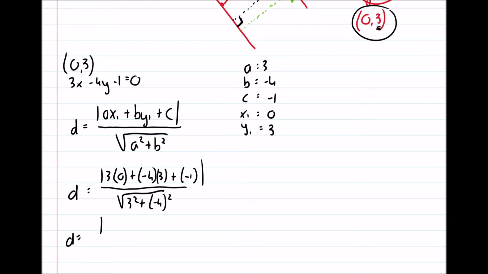So D equals 3 zeros are 0, minus 4 multiplied by 3 is minus 12, minus 1, all over the square root of 9 plus 16.